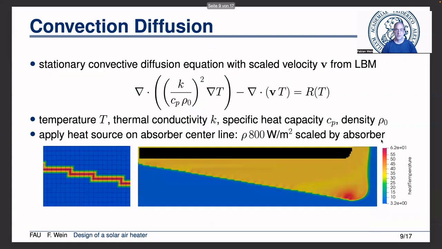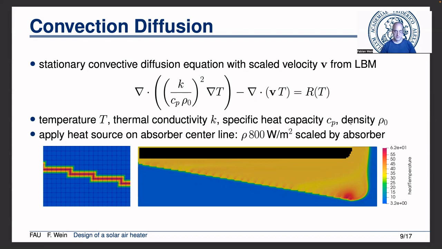With this rescaled velocity, we can then solve the convection diffusion equation, which is here a stationary convection diffusion equation. We solve for the temperature T. We have the material property, thermal conductivity, specific heat capacity, and material density.